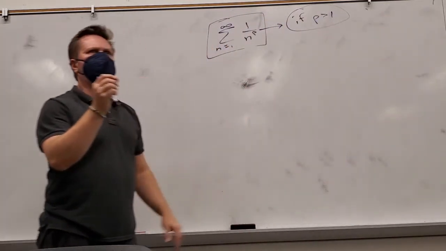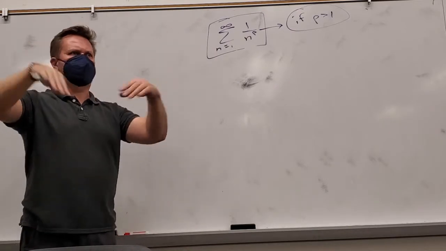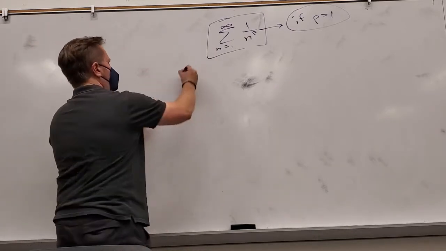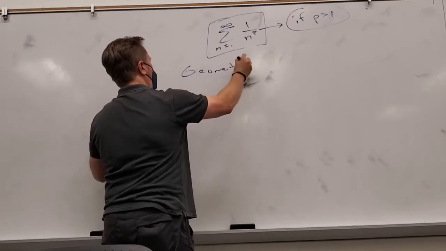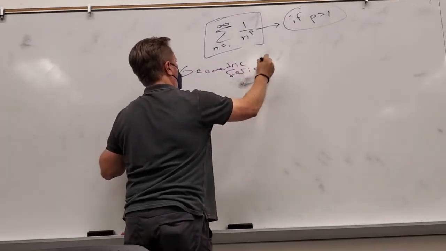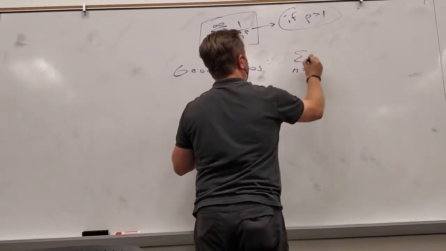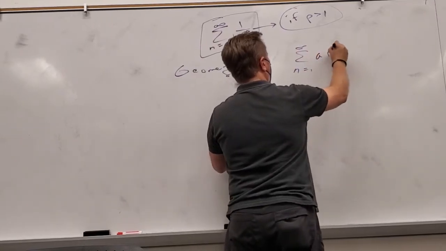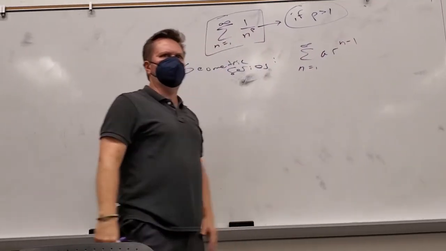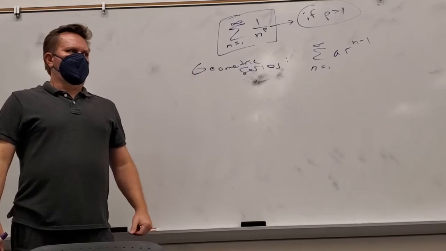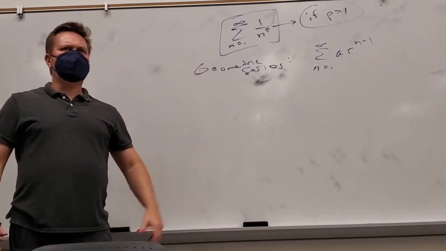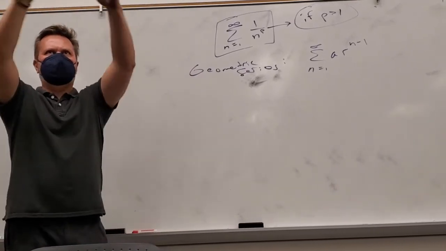What other thing do I know how to tell if it converges? Let's do a review. Geometric series, which can be put in this form, though it doesn't have to be. We've seen it in multiple different forms. I can identify a no matter what form it's in. I can identify r if I tease it out.